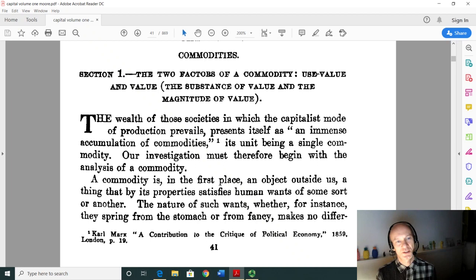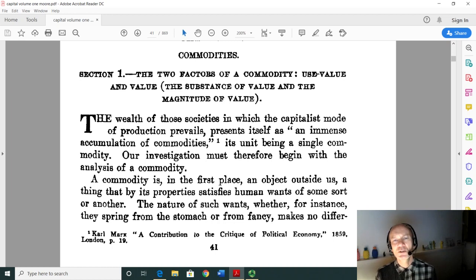Now the first sentence begins with the words, "The wealth of those societies in which the capitalist mode of production prevails presents itself as, quote, an immense accumulation of commodities." The quote is actually from himself, so Marx is here on the first page, in the first sentence, quoting himself with a formulation that he seems to think highly of.